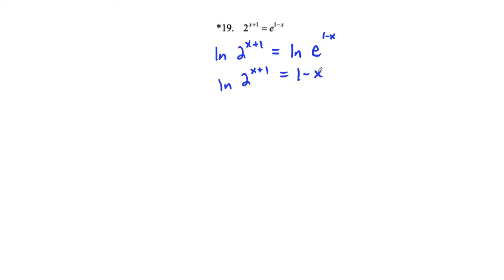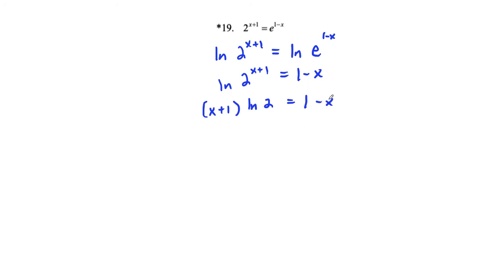And now I can apply my power property. We have x plus 1 in the exponent, so I move that out front. And so I end up with x plus 1 times the natural log of 2 is equal to 1 minus x.